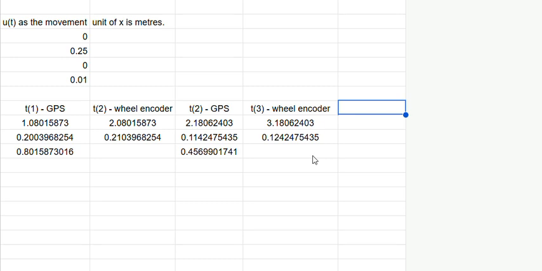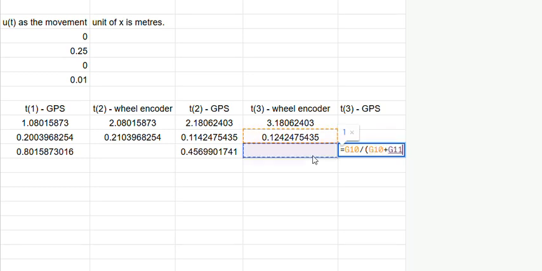Now let's take the information from the GPS. Let's say the GPS says it's 3.2. So in that case, first I'll find the Kalman filter gain. So it will be the uncertainty from the wheel encoder plus the variance that you have here. And this is the information that I get.